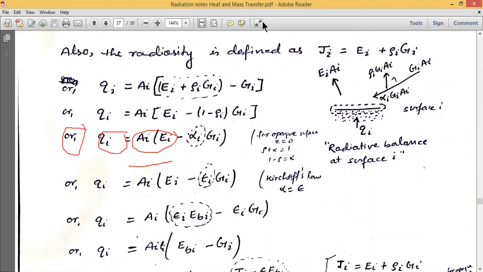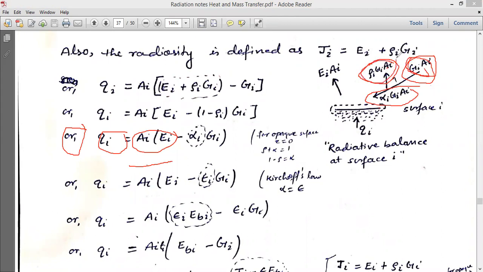So total irradiation is Gi Ai. अब इसमें से सरफेस i के द्वारा इतना पार्ट, rho i Gi Ai रिफ्लेक्ट कर दिया गया, और alpha i Gi Ai एब्जॉर्ब कर लिया गया. और कितना पार्ट जा रहा है वापस, Ei Ai.